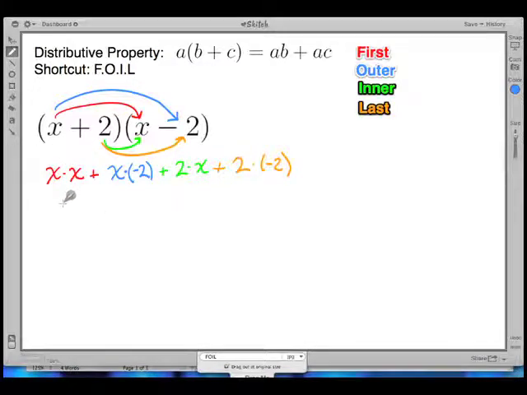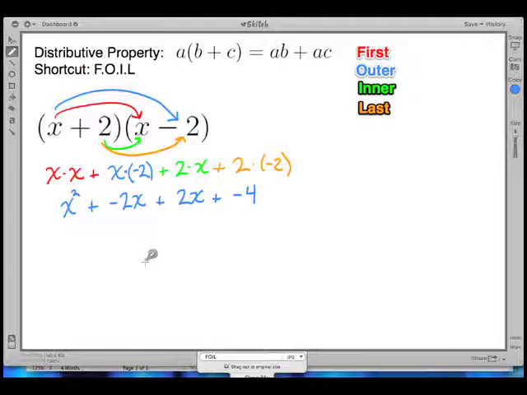X times x is x squared. X times negative 2 is negative 2x. 2 times x is 2x. 2 times negative 2 is negative 4.